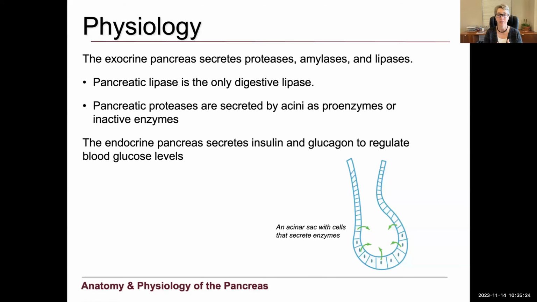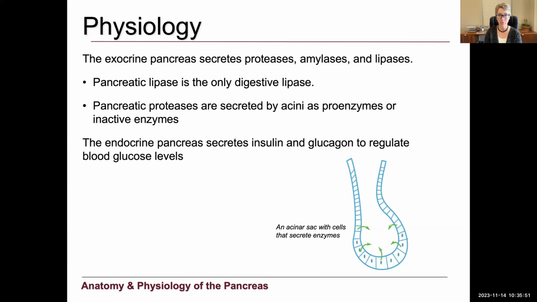So what the body has done, pretty impressive, is they secrete these proteases as proenzymes, also known as inactive enzymes. And so, yes, we get the proteases being secreted into the digestive fluid here. However, it shouldn't auto-digest the pancreas. And those pancreatic proteases only get activated when they hit the duodenum.